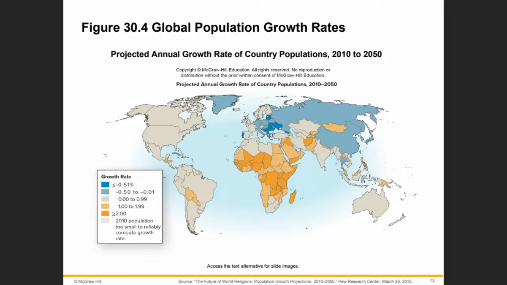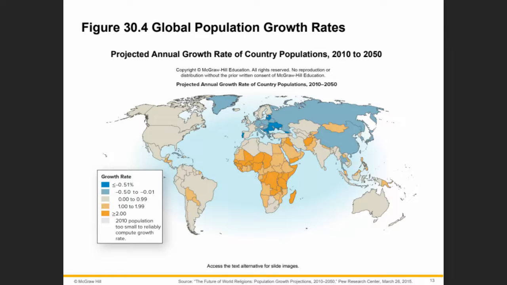If you look at those, the population growth is modest, and most of the people are enjoying a fairly good standard of living.